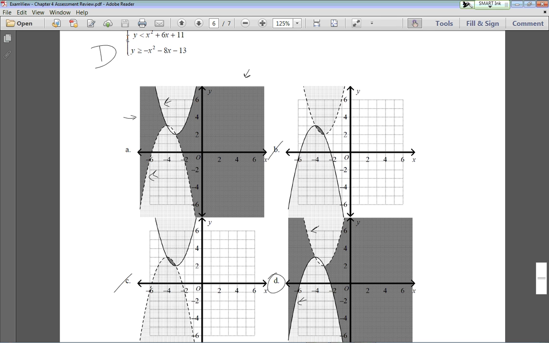And this one says y is greater than, and since this one opens down, these y's are greater than, so you're going to be shading outside of the parabola again. So you need the ones where the shading is outside of the parabolas, so your answer comes out to letter D. It comes down to this line is dashed, this line is solid, and that's how it should be according to our two equations.